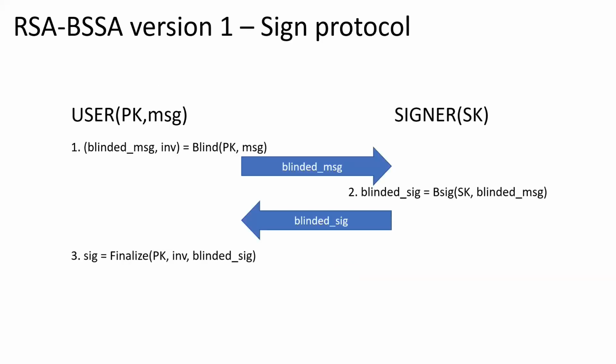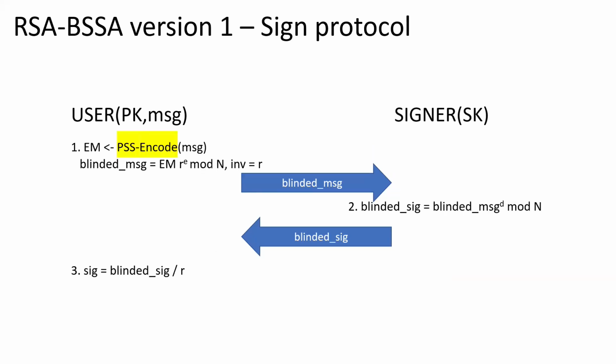Okay, so what does the signing protocol look like? Pretty much what you would expect. The first thing the user does when he wants to blind is he PSS encodes his message, and then he gets this EM, which is called encoded message. That's PSS notation. Take this encoded message, blind it by multiplying it with a random R raised to the E. So now it's a random element of the group Z_N star, and send that to the signer.